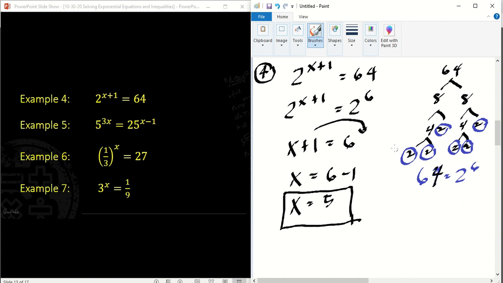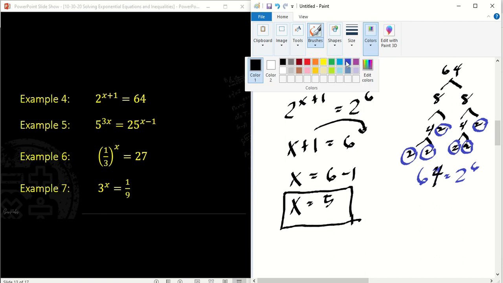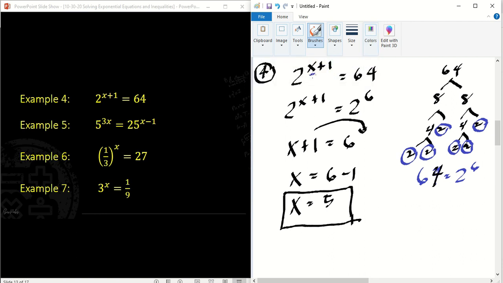So, equal sila. If I replace x with 5, which is the answer, ang magiging sagot natin ay 2 to the 6th power. So, that will be equal to 64. So, pareho lang. Okay, so example 4.